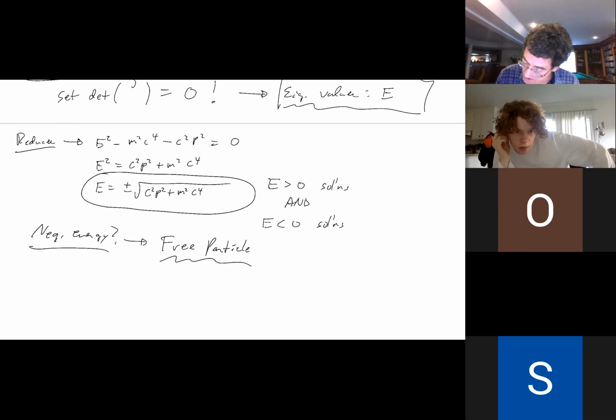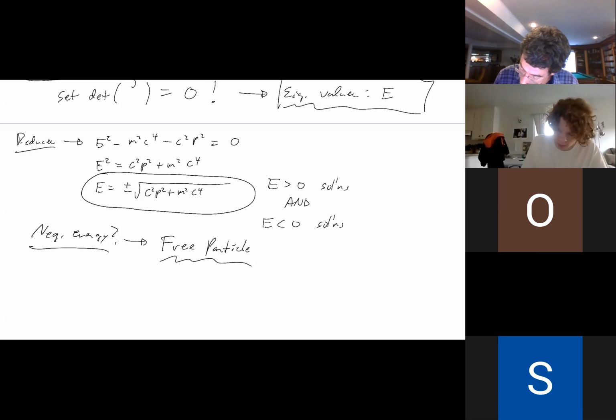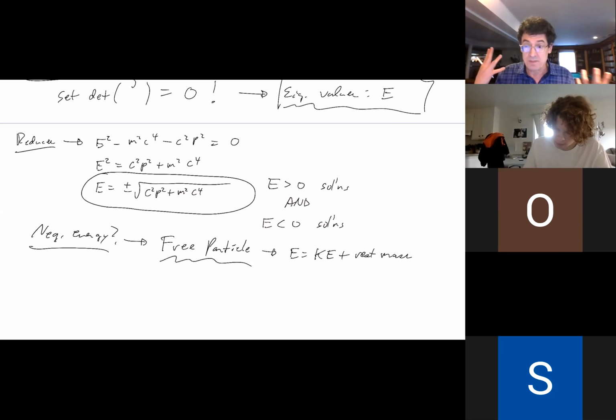And so that means that the energy is equal to the kinetic energy plus the rest mass, right? Energy is kinetic energy plus rest mass. How the hell can that be negative? I'll just write that down.